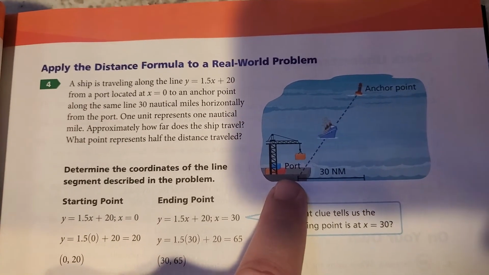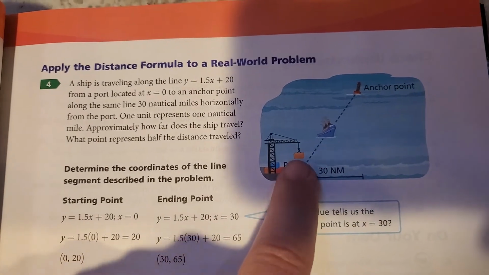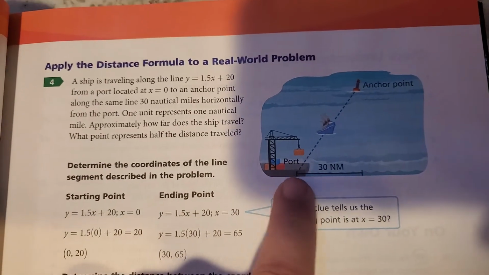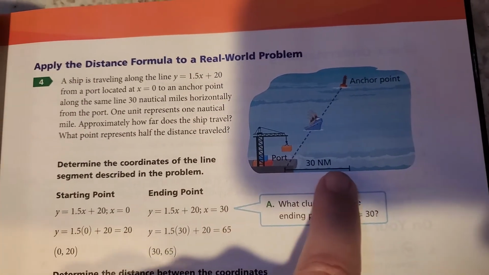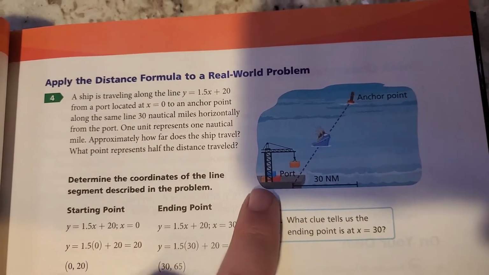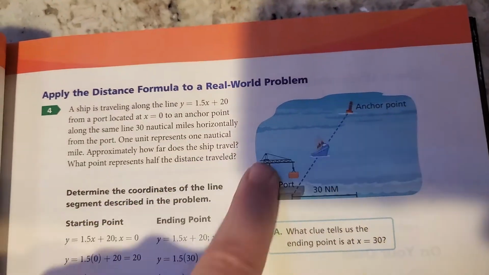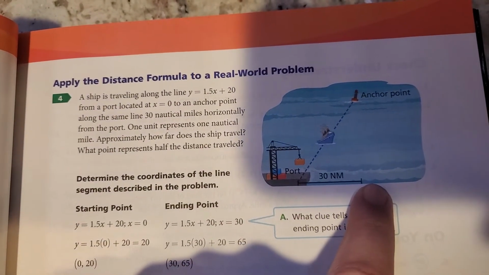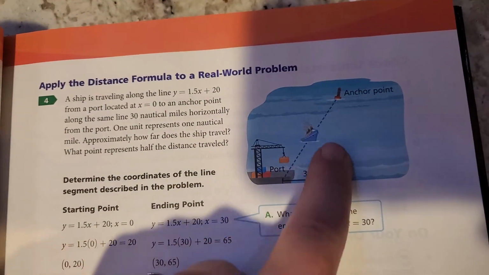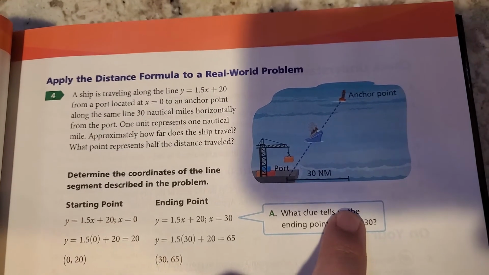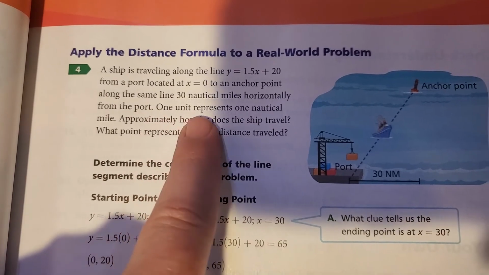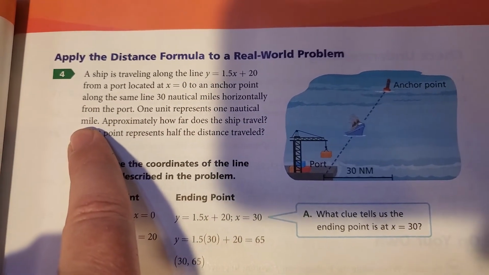And the only thing they tell you is that as it travels along this line, which is represented by this equation, you're going to travel sideways a distance of 30 nautical miles. So that's not the length of the dash line. That's the length of this horizontal line going across till you get to this point, which is going to line up with the anchor point if I were to drop a line straight down. On this graph, it says 1 unit is going to represent 1 nautical mile.